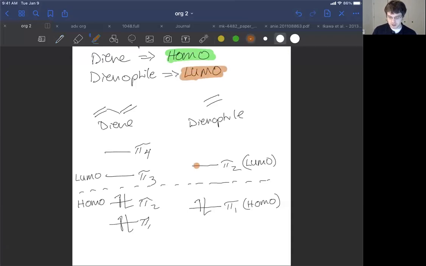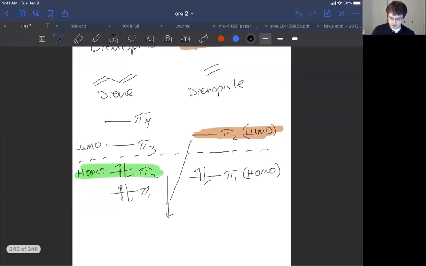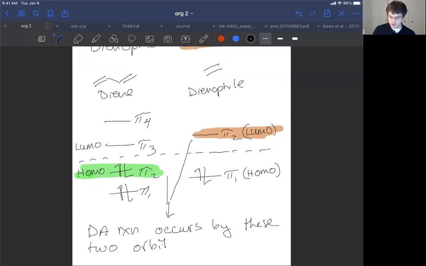So that's this orbital interacting with this orbital. These 2 orbitals interact with each other to form product. So the Diels-Alder reaction occurs by these 2 orbitals interacting.